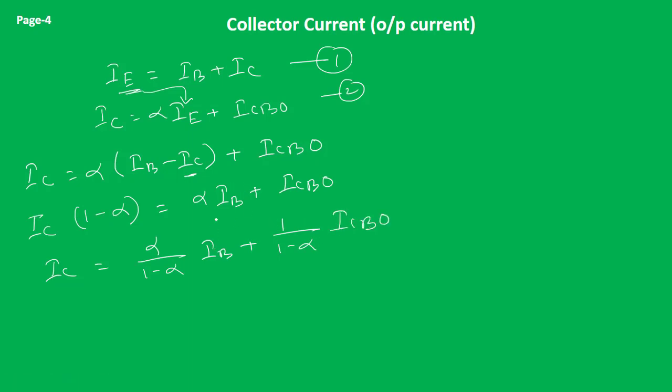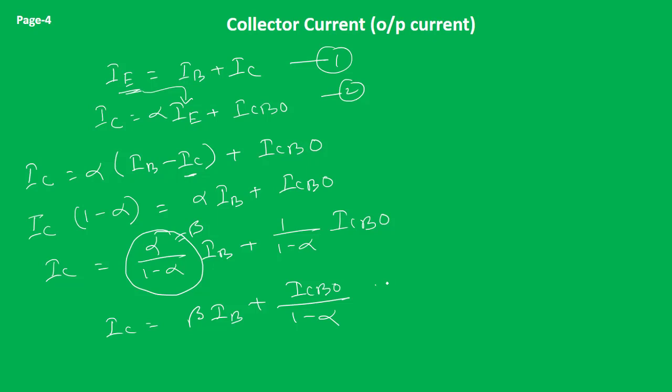Now in the previous slide, we found that alpha by 1 minus alpha is nothing but beta. So we can write IC is equal to beta IB plus ICBO divided by 1 minus alpha.